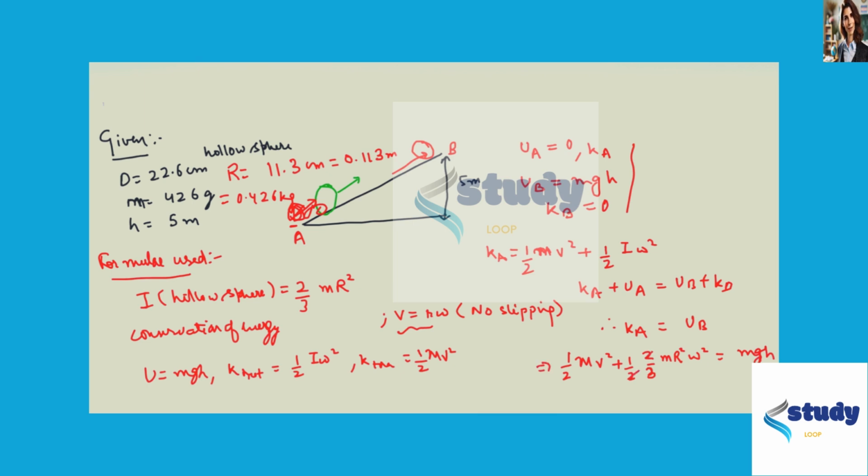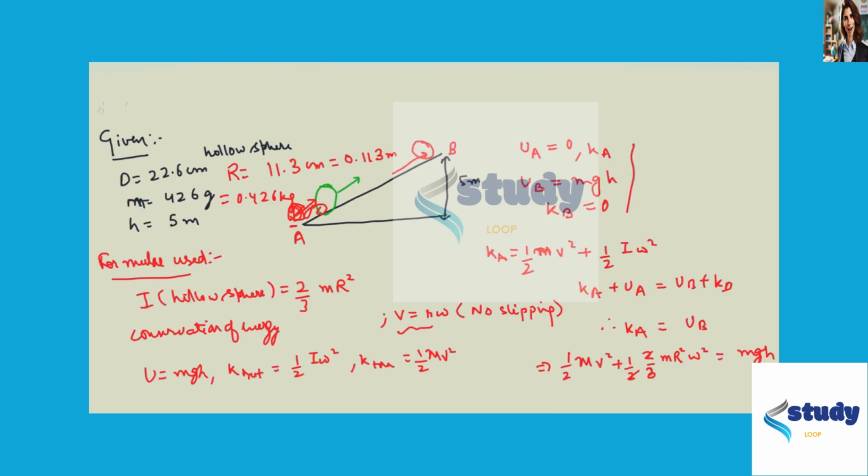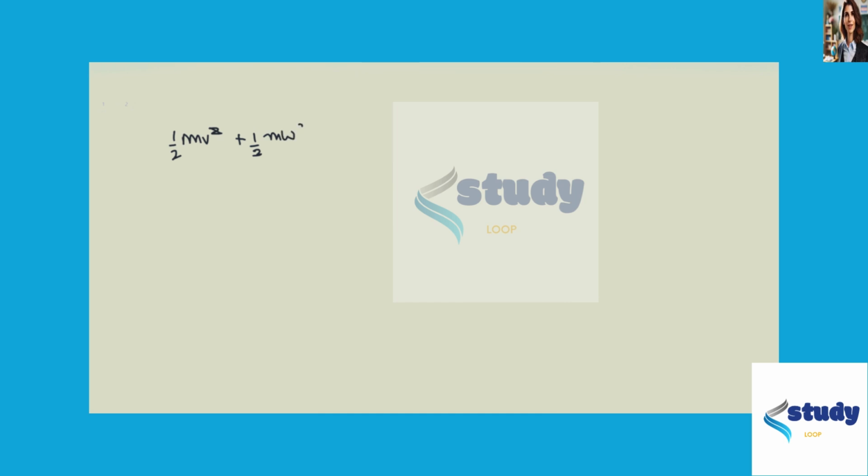Now putting the value of v equals r omega, we have the equation half m v squared plus 1/3 m omega squared r squared equals mgh. The m goes away. So we have 1/2 r squared omega squared plus 1/3 omega squared r squared equals gh.